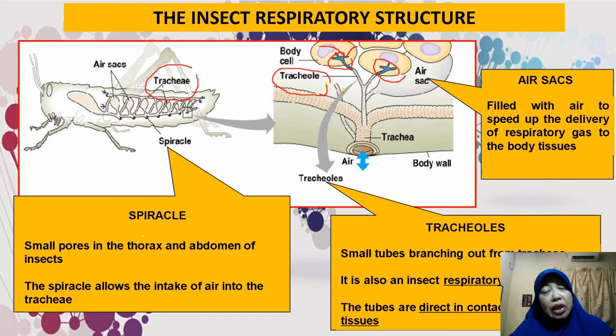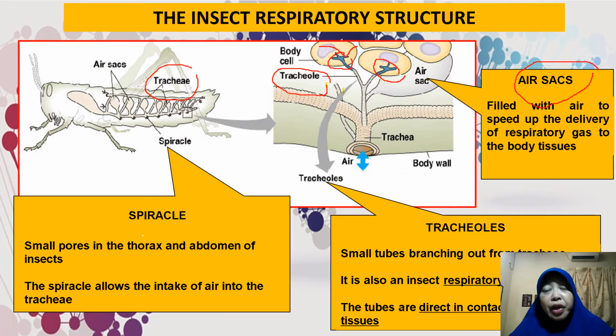And these tracheoles are also known as the respiratory surface of an insect. Respiratory surface means it is the site where the exchange of gases occurs. How about the air sacs? Air sacs are structures filled with air, and this air is meant to speed up the delivery of the gases to the body tissues.